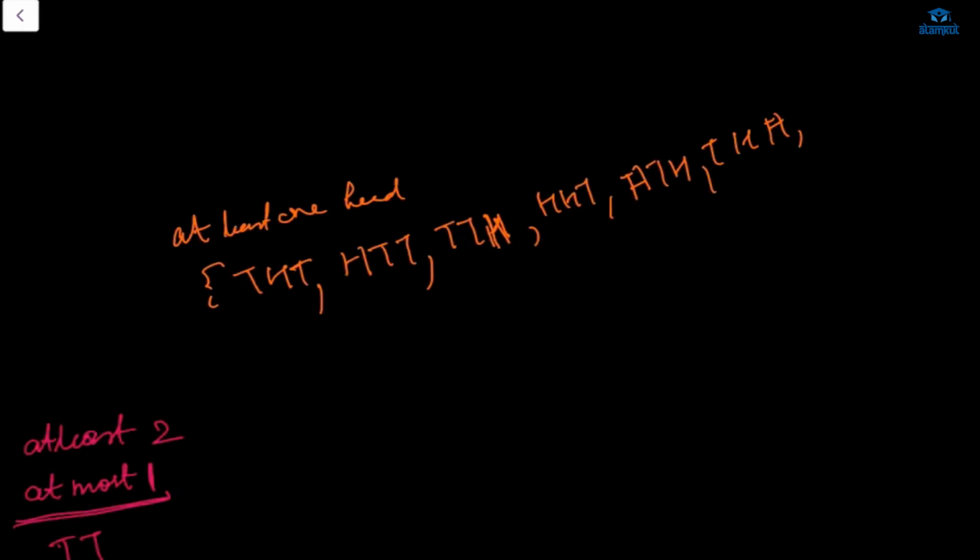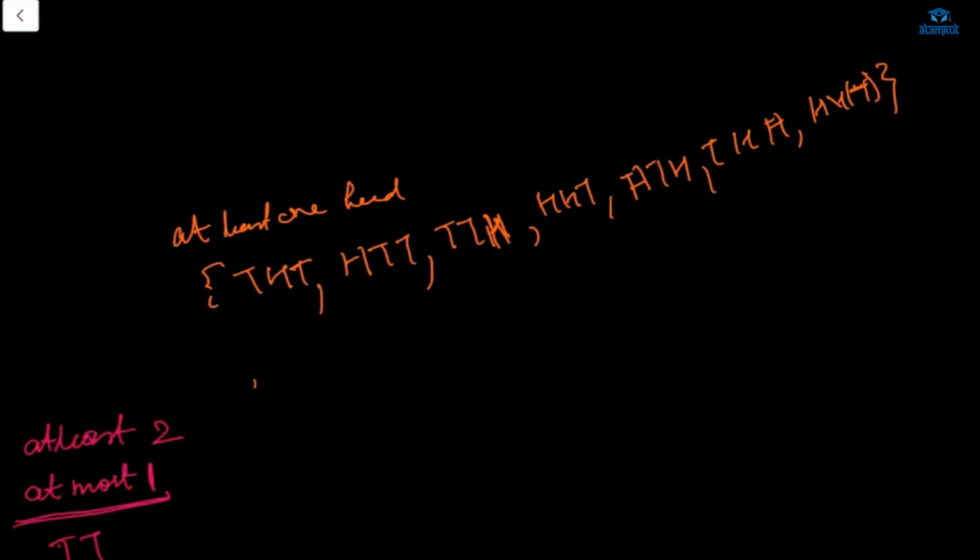Now at least one head: one head can be there, 2 heads can be there, and the maximum in this condition is 3 heads, so HHH will also be included. Only TTT is left out, because I have written at least one head. So these are the outcomes of the at least one head event.